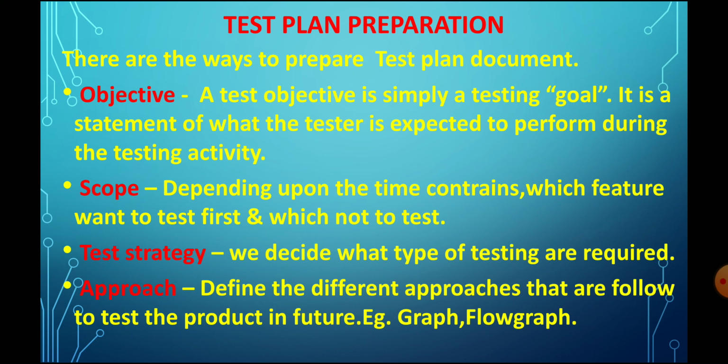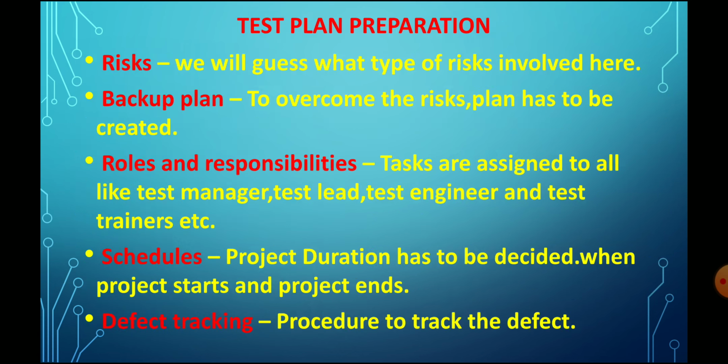Next, approach. Define the different approaches that are followed for the product in future, for example, graph oriented, flow graph oriented, test scenario oriented, or test case oriented. Next, risks.